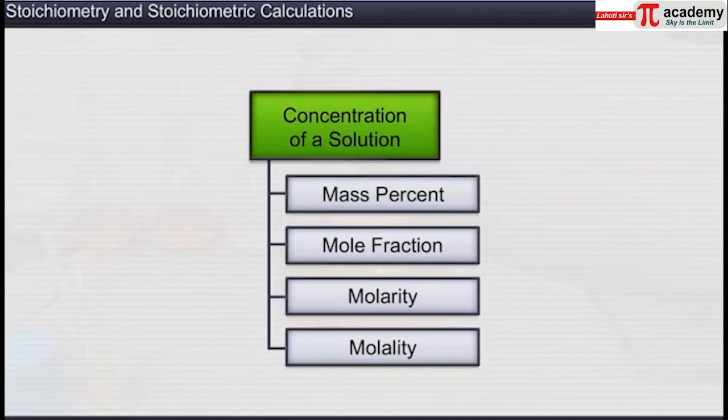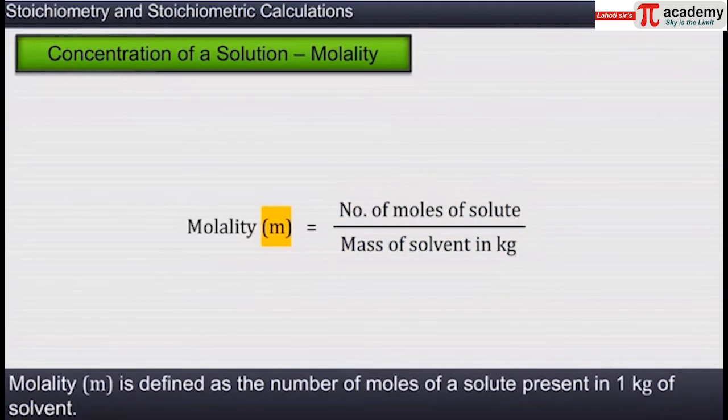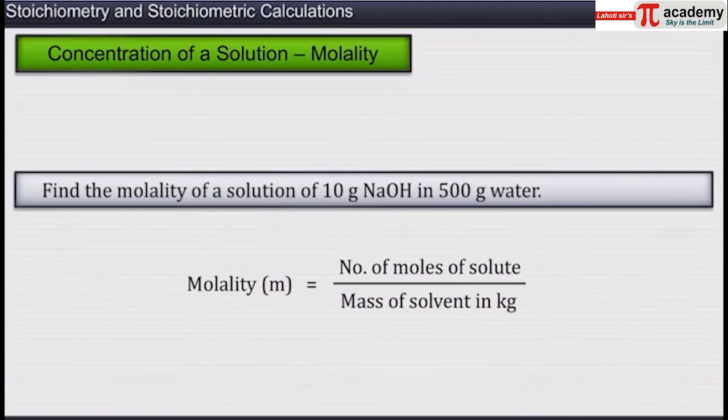Finally, let's look at molality. Molality is defined as the number of moles of a solute present in 1 kilogram of solvent, and it is denoted as lowercase m. Let's say we have to find the molality of a solution of 10 gram sodium hydroxide in 500 gram water.